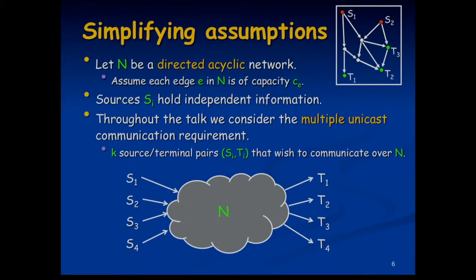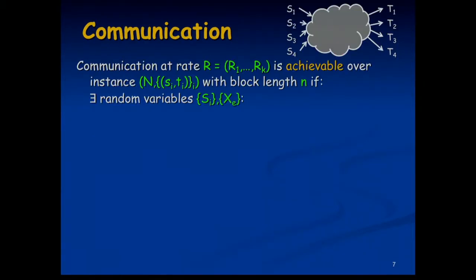And when I say Si wants to communicate with Ti, I'll just define this rigorously or semi-rigorously. Communication at a certain rate, R1 to Rk, each source Si communicating at rate Ri, is achievable on a certain instance with block length n if the following happens. This is very natural, it's very standard.